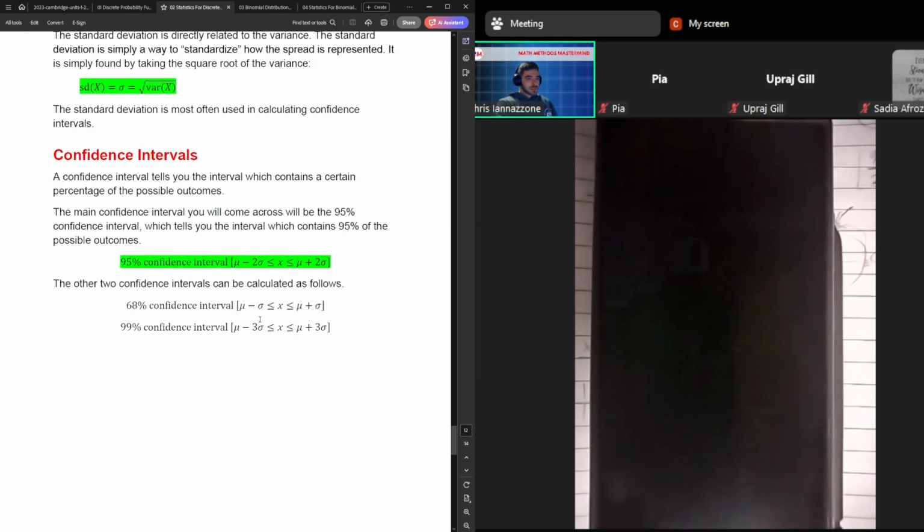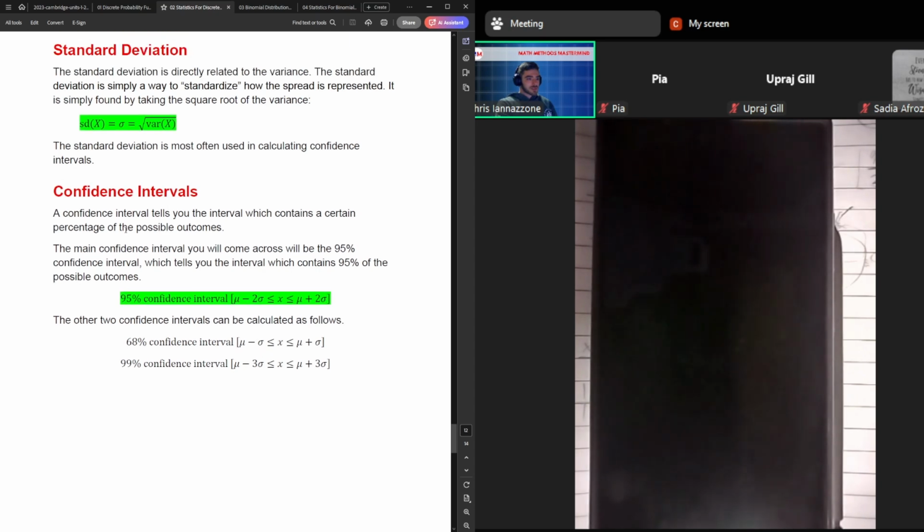That's that. And then confidence intervals. So there are 3 confidence intervals they want you to be aware of. The only one I've ever seen come across, like be assessed, is going to be the 95% confidence interval. Now, a confidence interval is just a percentage likelihood that your outcome occurs between some range of values.